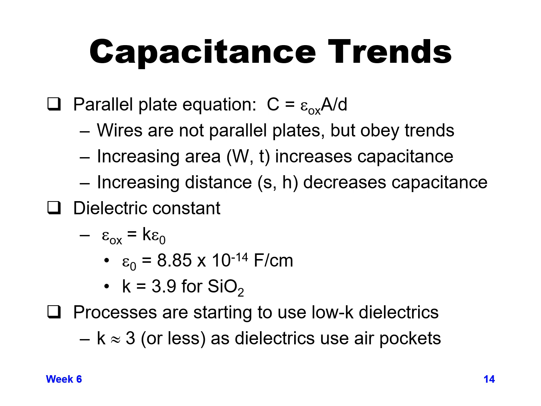In modern process technologies, as I went through last week, they're starting to use lower K dielectrics, below 3 or even lower, in order to try and reduce capacitance as much as possible.